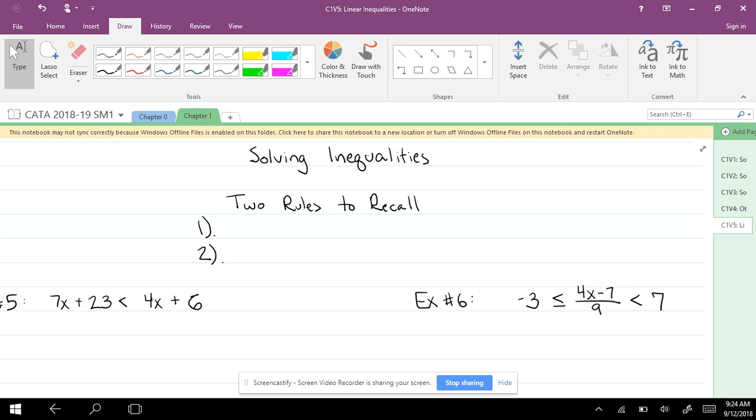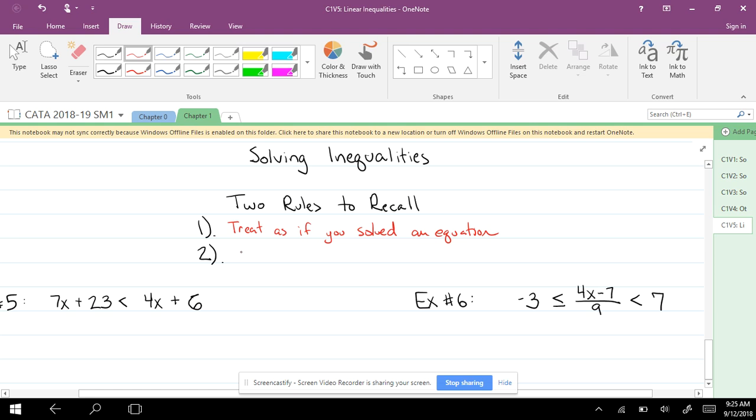Our final point here is we're going to talk about solving inequalities, and there's just two quick rules that I want to recall for you. First rule, treat as if you solved an equation. So same rules as what you would do on a regular equation.